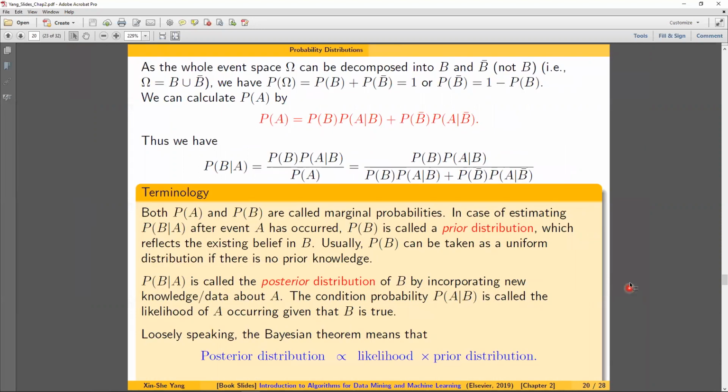We remember that we stopped here: P(B given A) equals P(B) times P(A given B) divided by the probability of P(A), which can be represented as P(B) times P(A given B) plus P(B complement) times P(A given B complement).